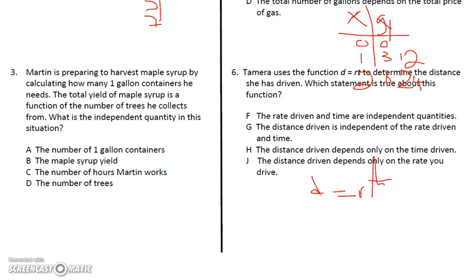So when you look at your answers, does the distance driven depend only on the time driven? No. Only on the rate? No. So is the distance driven independent of the rate driven and time? Or are the rate driven and time the independent quantities? So that is my true statement.